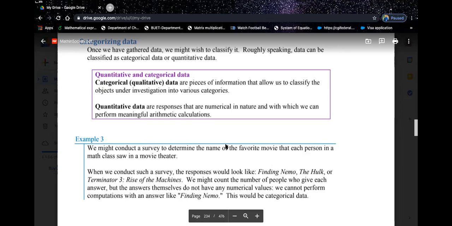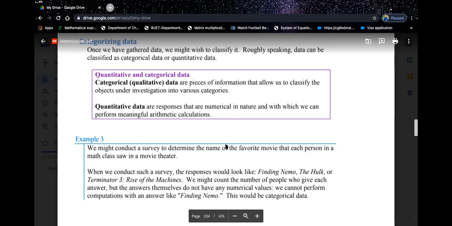You'll soon see why. It doesn't mean that you need to have numbers related to it. It doesn't mean it needs to have some numerical values assigned to it. It needs to have some meaningful arithmetic calculations. That means the numbers need to have some significance related to each other.